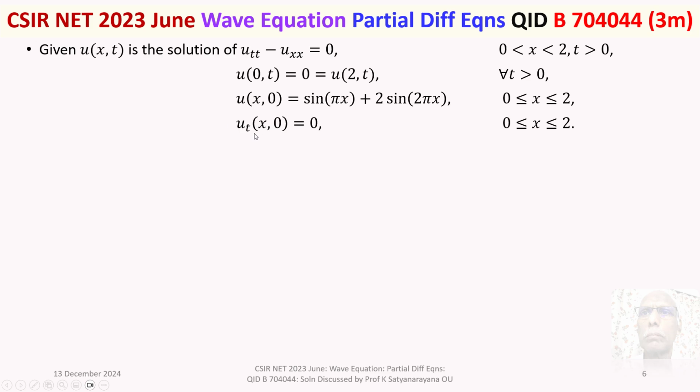And under these conditions, the first one are boundary conditions, and the next two are initial conditions, right? And to solve such problems, you have to remember the general solution.